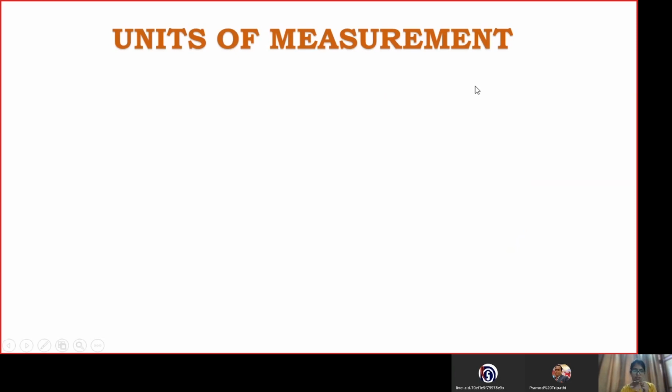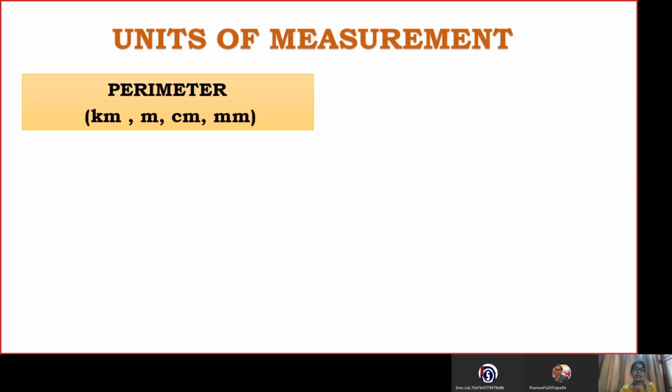Units of measurement. Now, students, once we have discussed all the formulas of area and perimeter, we know that any area or any perimeter is incomplete without writing a suitable unit, right? So let us discuss the units of perimeter. Perimeter, as you all know, is basically a length, the boundary of a figure. So the units are kilometers, meters, centimeters, or millimeters.